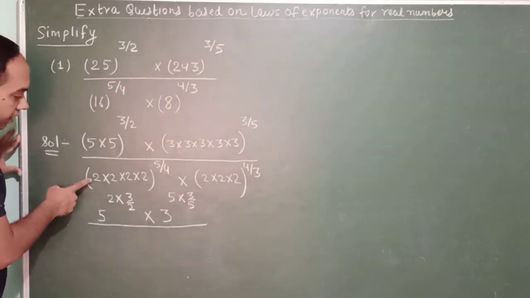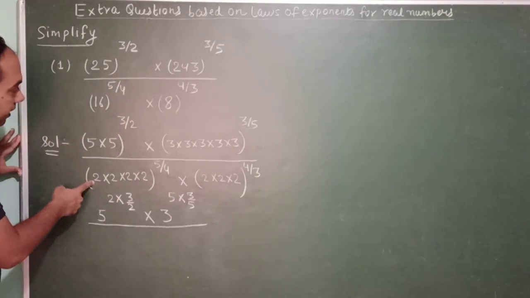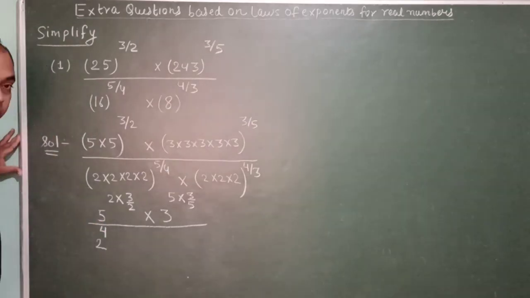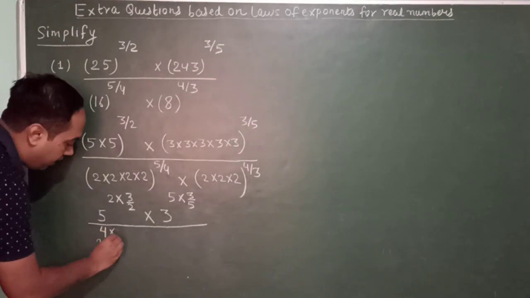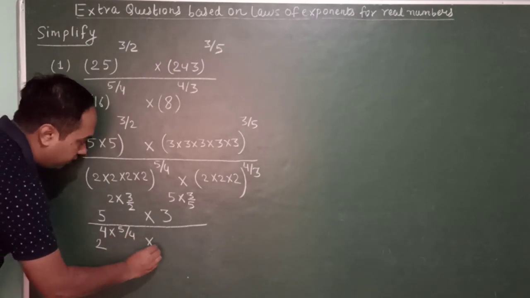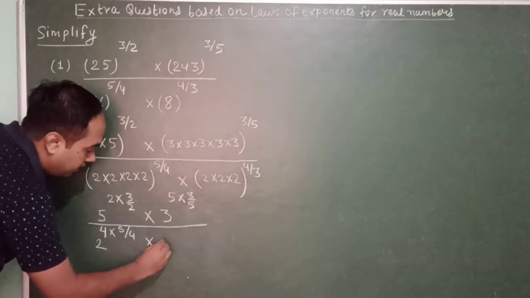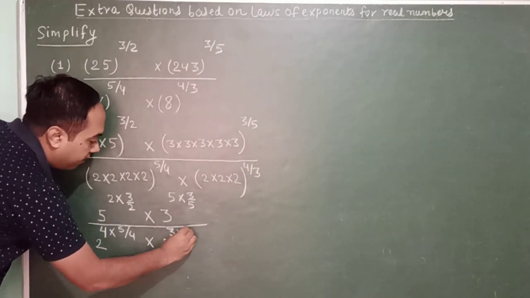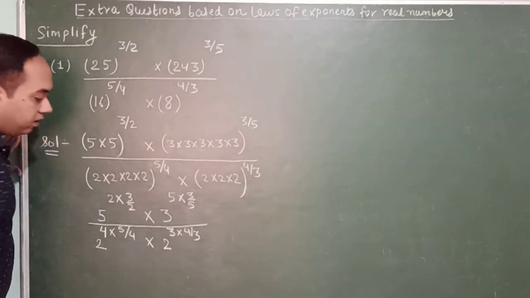Then in the denominator part, 2 is repeating itself 4 times. So 2 raised to the power 4 and outside the power is 5 upon 4 into, then this 2 is repeating itself 3 times and outside the power is 4 upon 3.